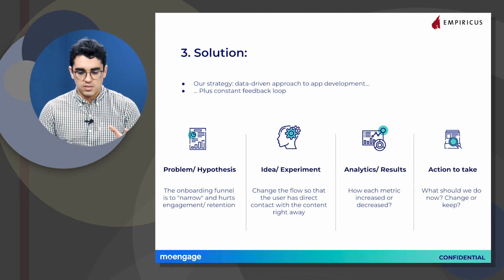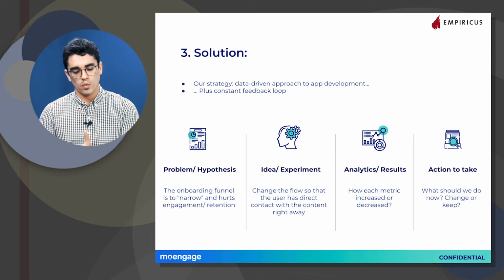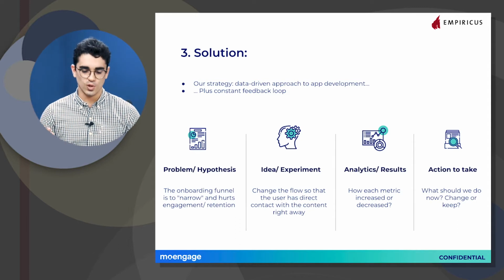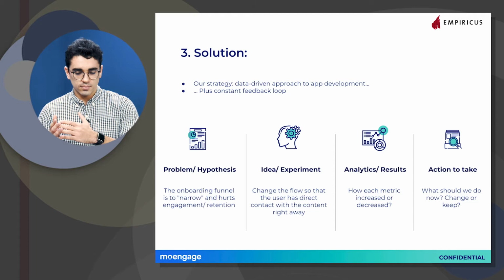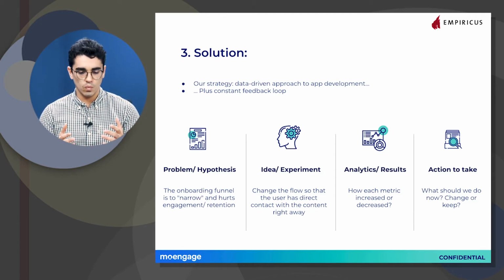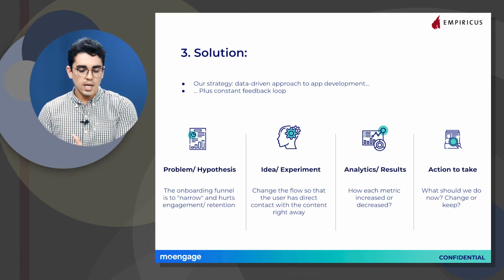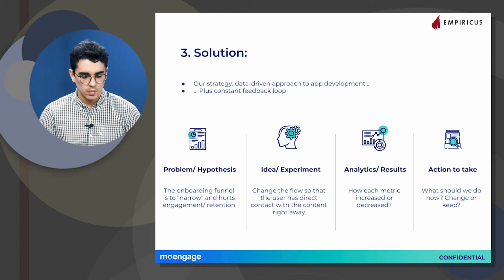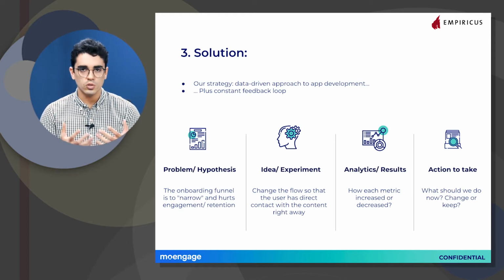So we have this 4-step framework, in which we look at a problem. We have lots of problems to solve. We have hypotheses. And then we get some ideas on what we should be doing. The one that I want to show you here is an onboarding funnel, and for us the problem seemed to be that this onboarding funnel was too narrow.